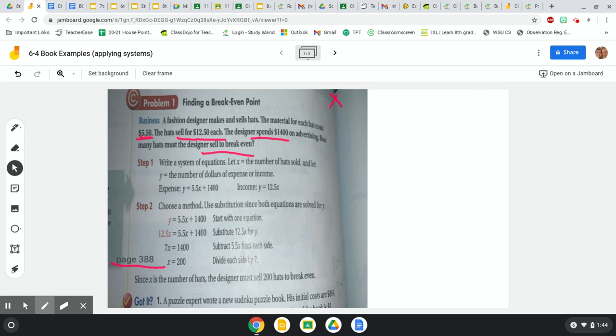Again, we're defining what X is and what Y is. Keep in mind it's asking how many hats must the designer sell to break even. So I'm going to say X is the number of hats they sell. That's definitely my unknown. So hats sold.